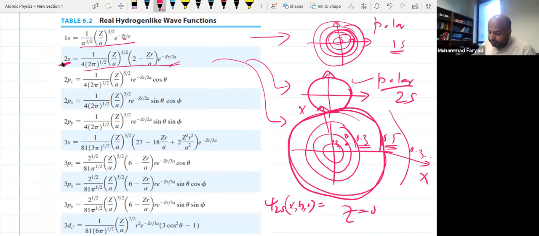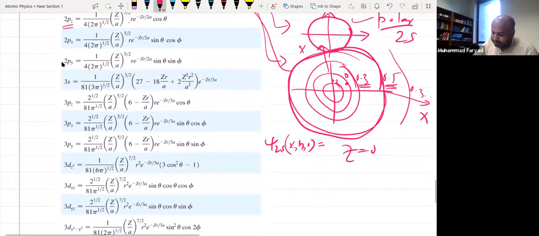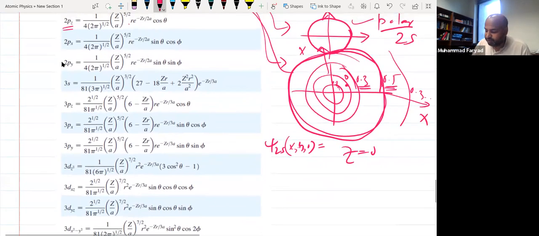Okay, so this also has these circular shapes. Let's now talk about this PZ. So PZ is r cos theta, and there is an exponential term like this. So let's first talk about the polar plot of PZ.